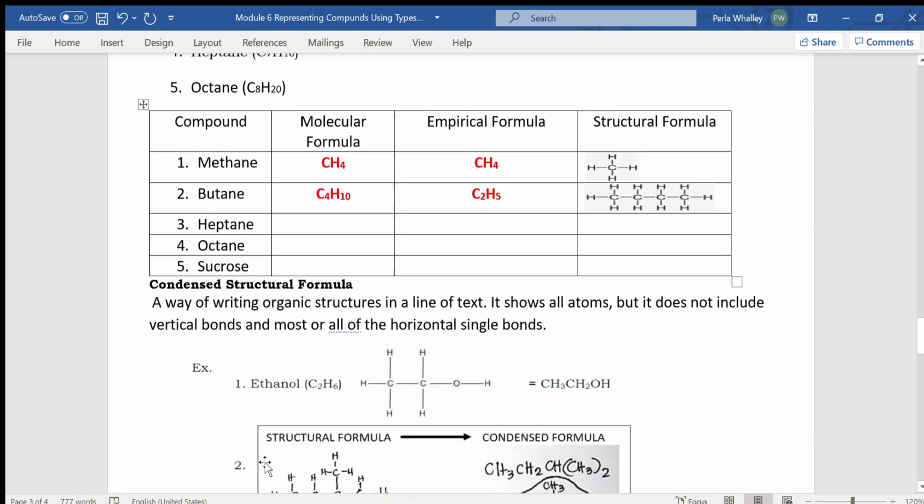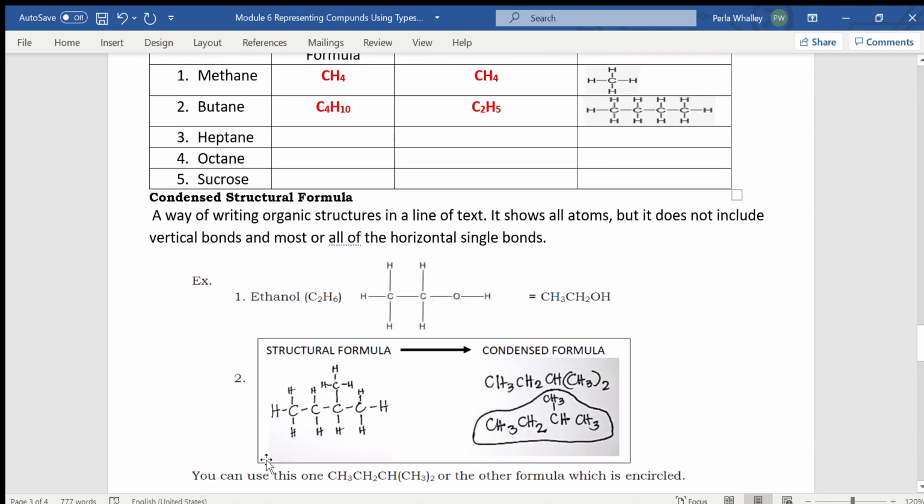The last here is the condensed structural formula. How do we do condensed structural formula? It is a way of writing organic structure in a line of text. It shows all atoms, but it does not include vertical bonds and most of all of the horizontal single bonds.